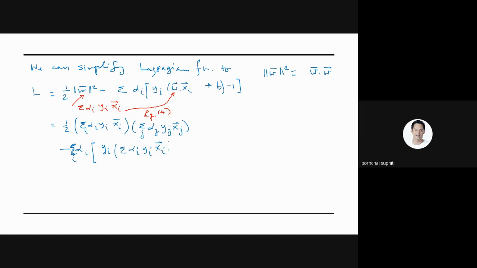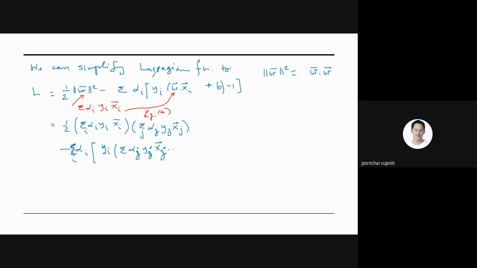And because we have two summations, let's call this j. We change the index to j instead.